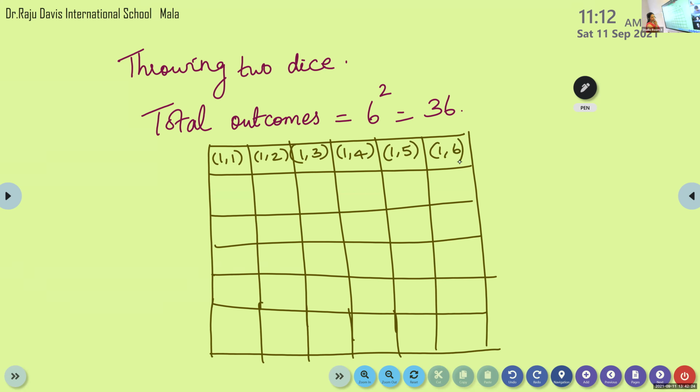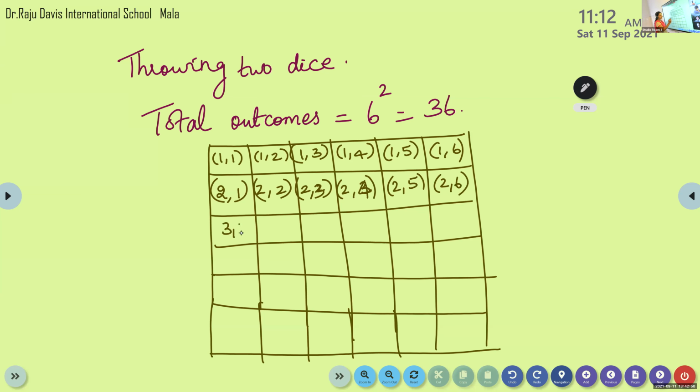So the first die may show 1, and the second die will be showing 1, 2, 3, 4, 5, 6. Similarly, first die may show 2, second die will be showing 2,1; 2,2; 2,3; 2,4; 2,5; 2,6. Then 3,1.